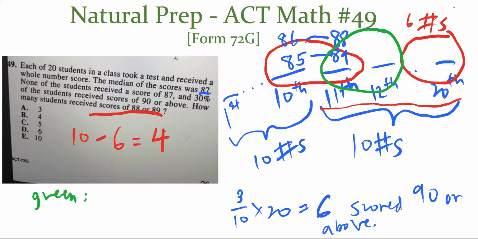Those are the numbers that are greater than 87 but less than 90.